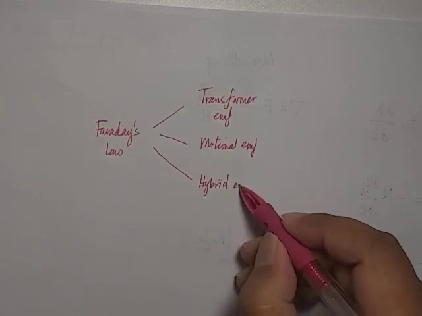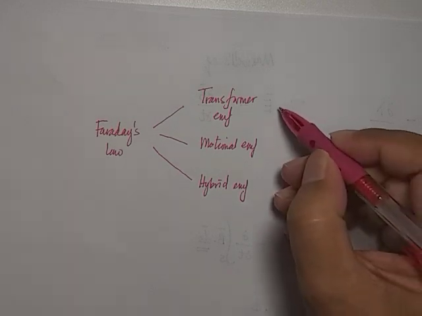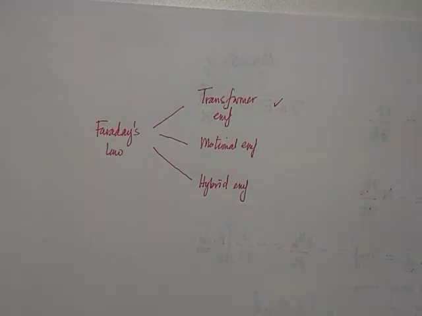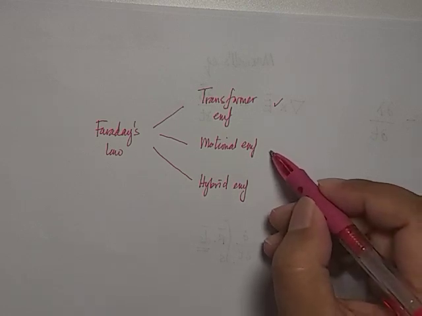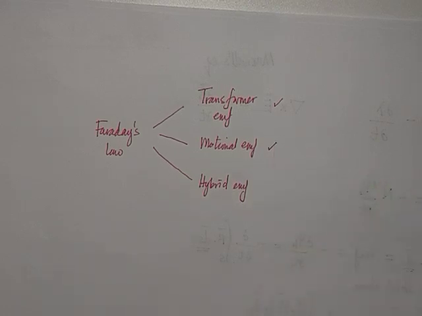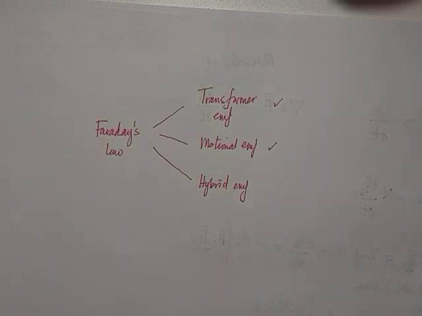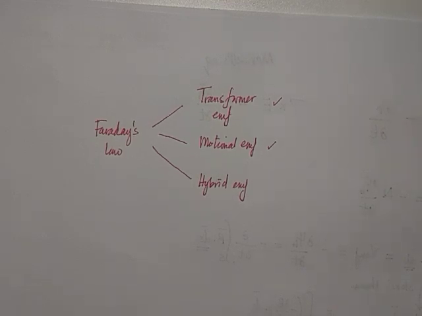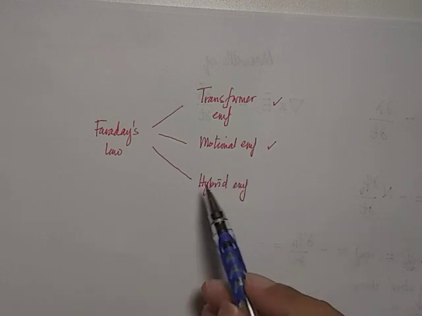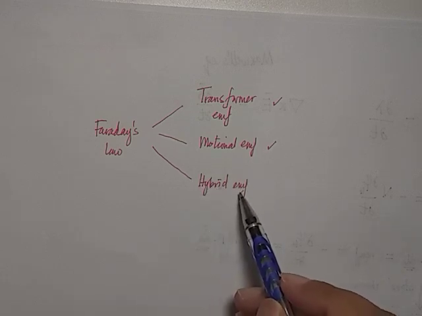Okay, so we have done an example of transformer EMF before. We also have done a simple example of motional EMF in my previous lecture, but we have not done any example of hybrid EMF. Yet hybrid EMF is quite important in the world of Faraday's law because it optimizes the generation of EMF.